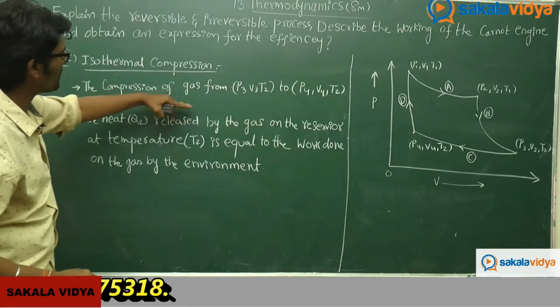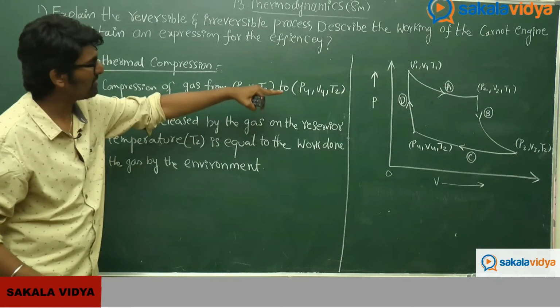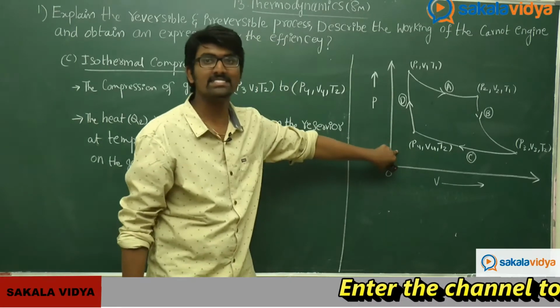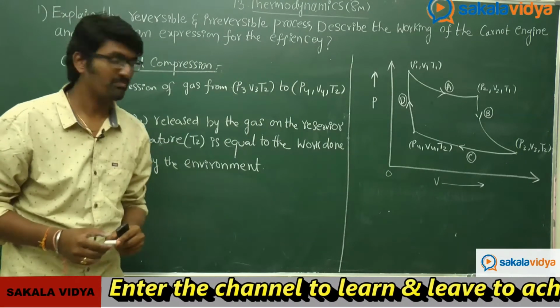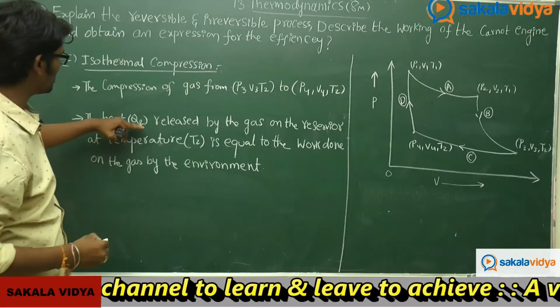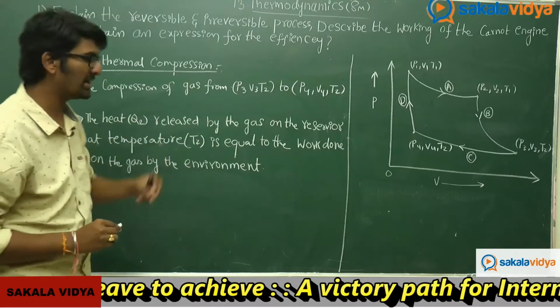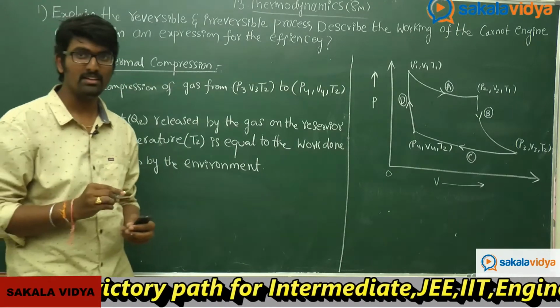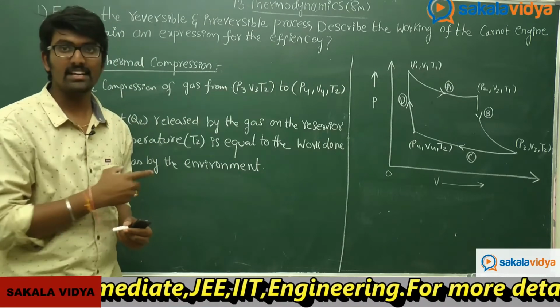The compression of gas from P3 V3 T2 to P4 V4 T2, from this region to this region indicated as C, is known as isothermal compression, which means the heat Q2 released by the gas to the reservoir at temperature T2 is equal to the work done on the gas by the environment. In the previous case heat is absorbed, whereas in compression heat is released.